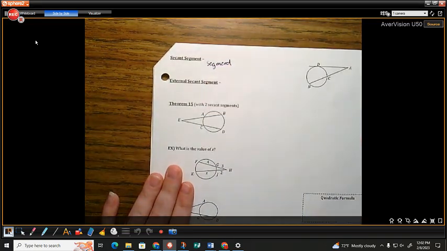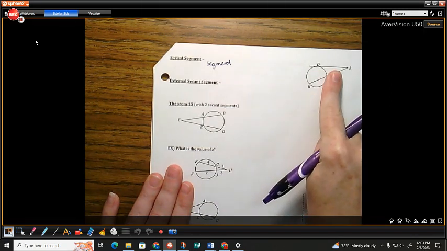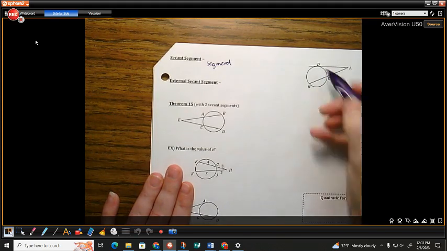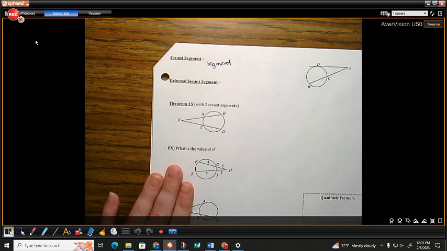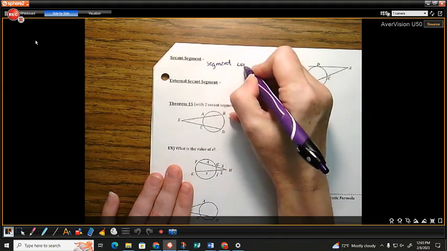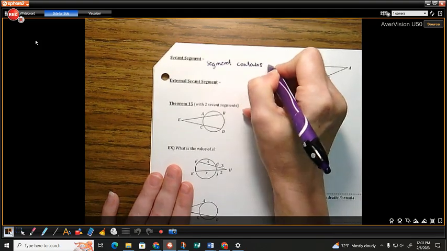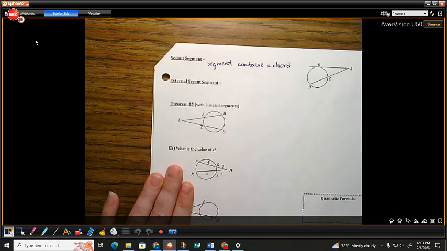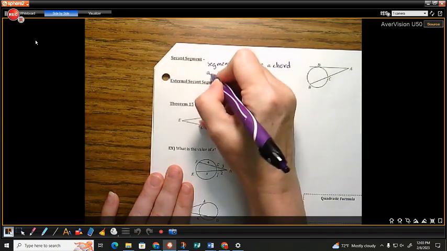Well, so how would you describe what it looks like? Is the top one a secant segment? No, that's a tangent segment, because it only touches in one place. So a secant segment is a segment that contains a chord, and it touches in two places.